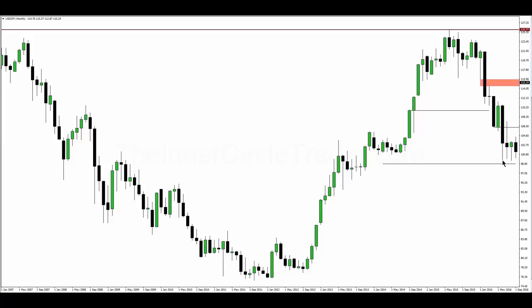So if we see price trade up, we would expect it to reach up into 106.25. If it gets through the up candle, we would be expecting it to trade up into this area here, closing that range. And then ultimately it could trade as high as this candle's low, 118.86. So we'll call it 118.85 to 118.90.